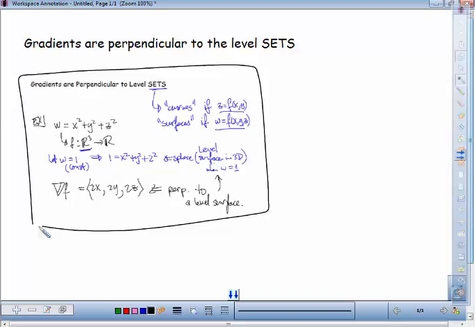What I was going towards is the idea that this property of the gradient is going to allow us to take a look at a function of three variables, a function of x, y, and z, and be able to find the tangent plane.